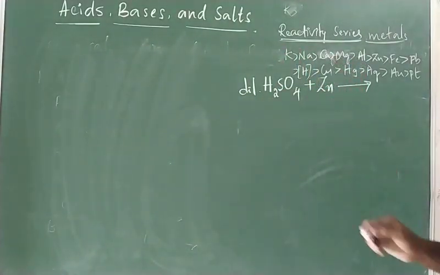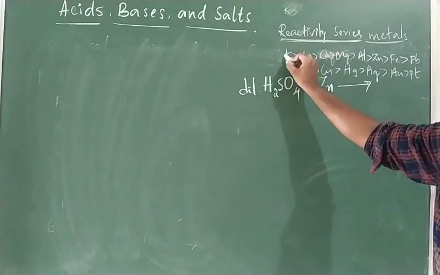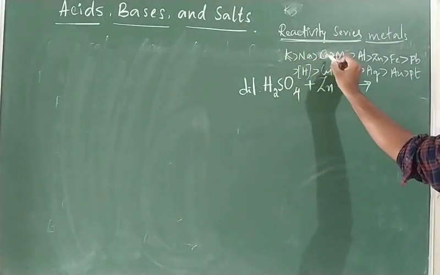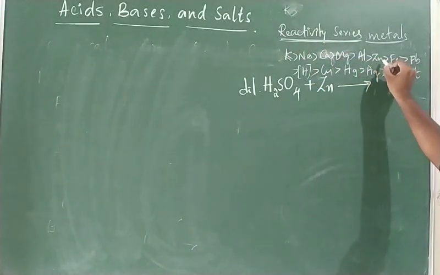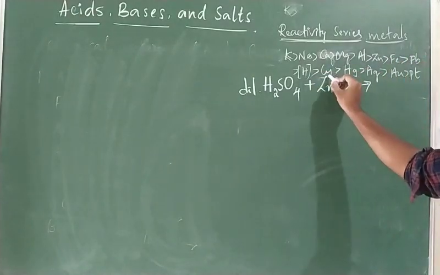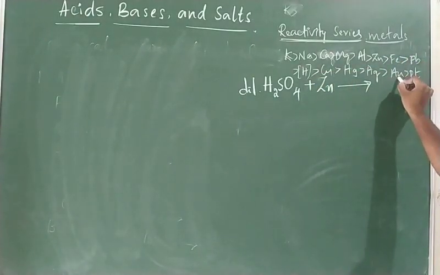So: potassium is more reactive than sodium, then calcium, magnesium, aluminum, zinc, iron, lead, hydrogen, copper, mercury, silver, gold and platinum.